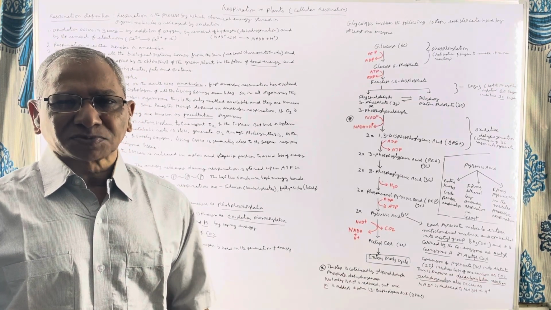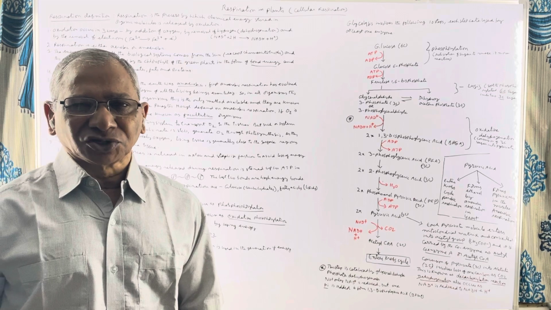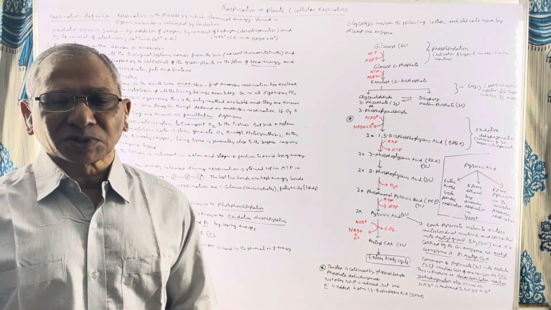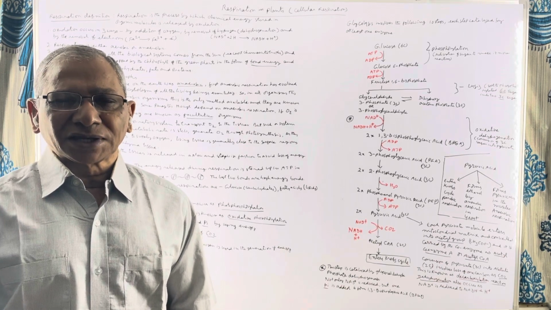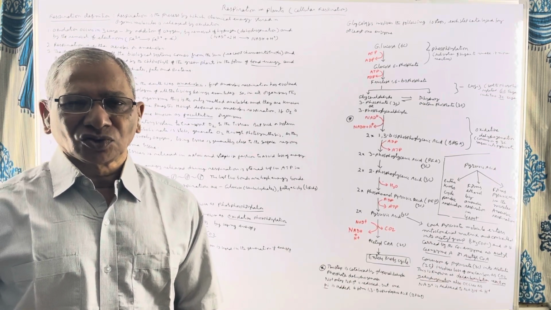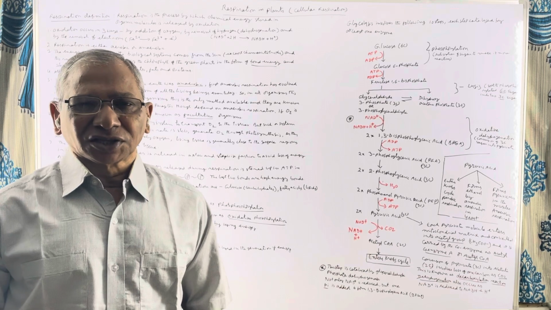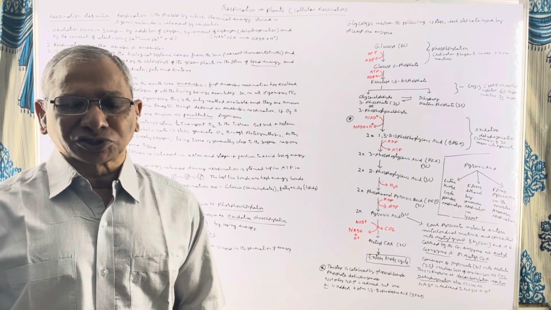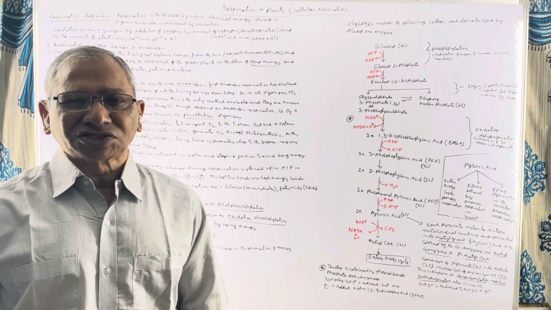When the atmosphere appeared on Earth, it was a reducing one. There was no oxygen in the atmosphere. So the primitive organisms, when evolved, could not use any oxygen. So they adopted anaerobic respiration, that means respiration without oxygen.